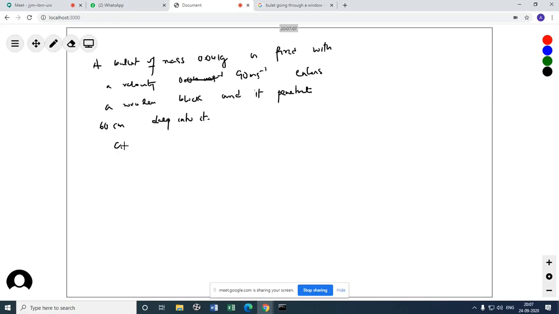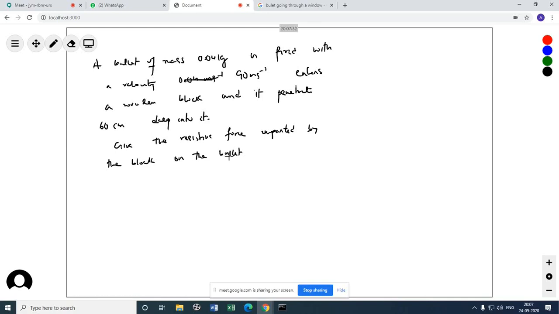Give the resistive force imparted by the block on the bullet. Now you see, it is resistive, so F should come negative.